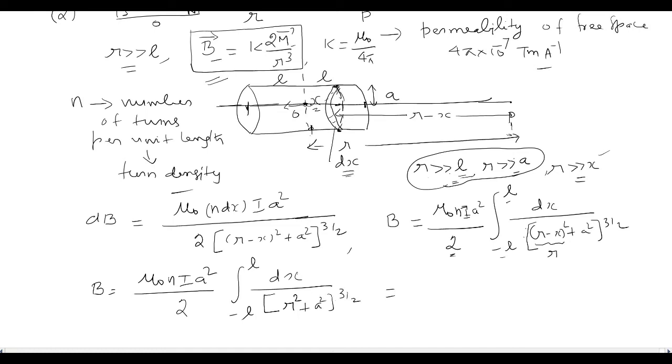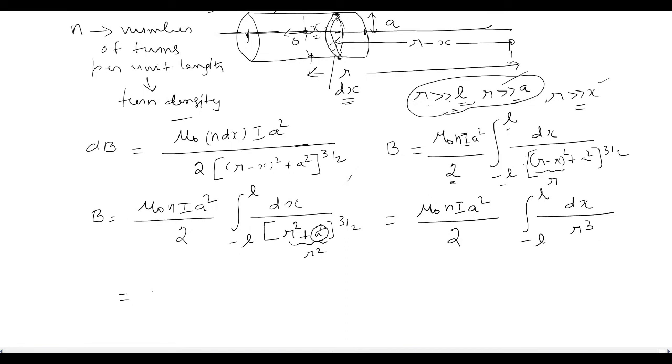Again we have r is very much greater than a, so this itself can be written as r square. So again applying this condition, mu naught n I A squared by 2 integral minus L to plus L dx by, a square neglected, so r square power 3 by 2 is r cube.